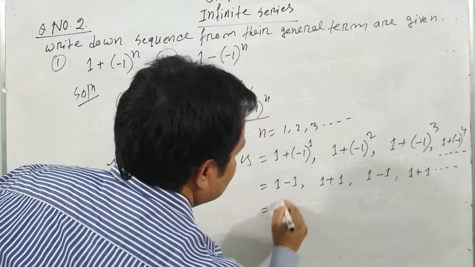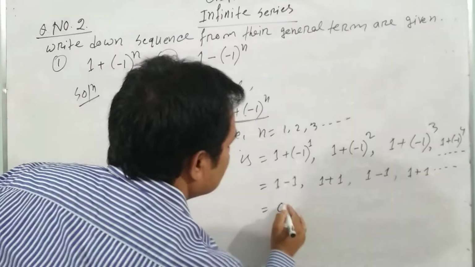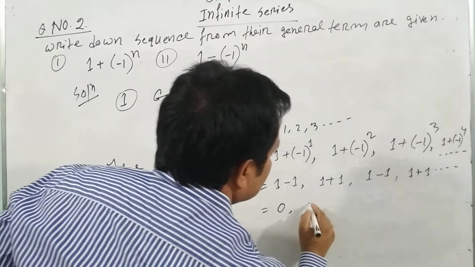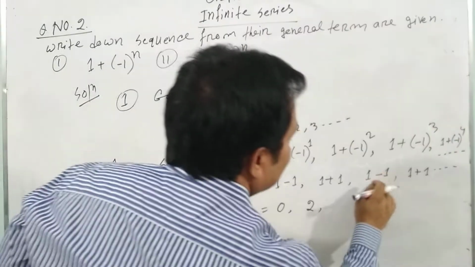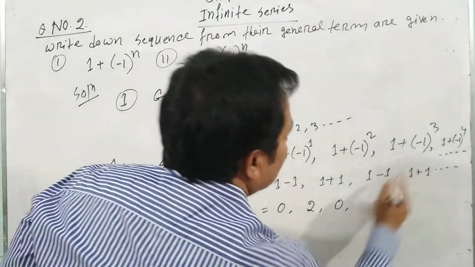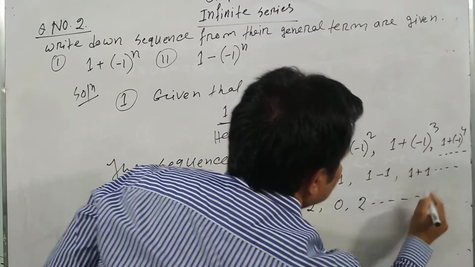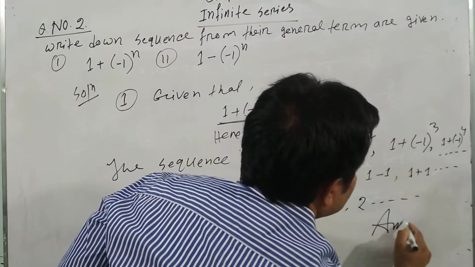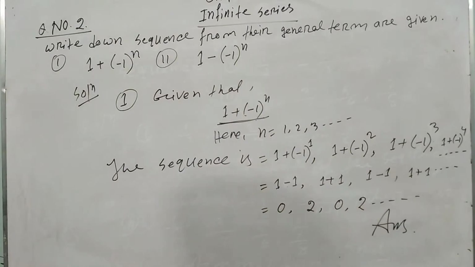So we can write 1 minus 1 equals 0, 1 plus 1 is 2, 1 minus 1 is 0, 1 plus 1 is 2. This is the required sequence. Okay.